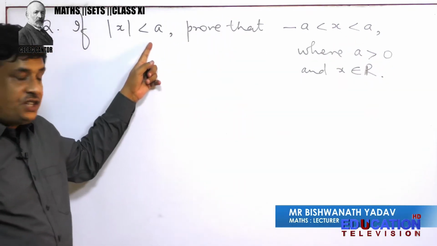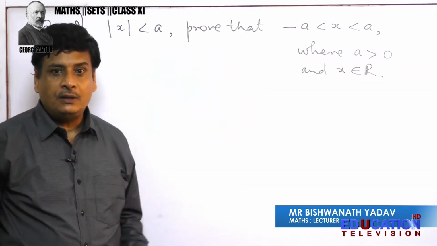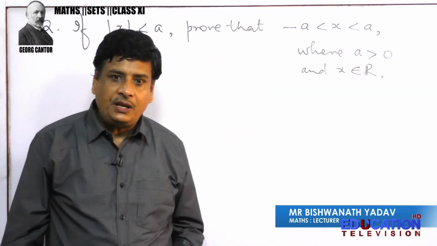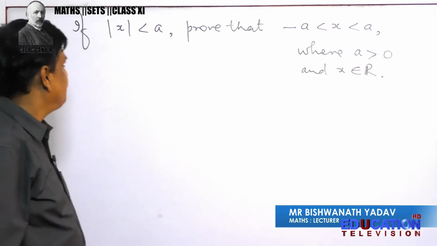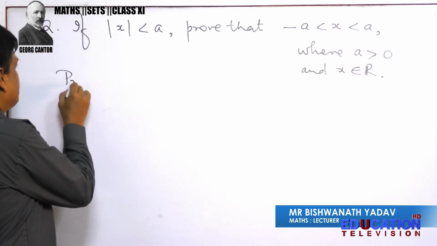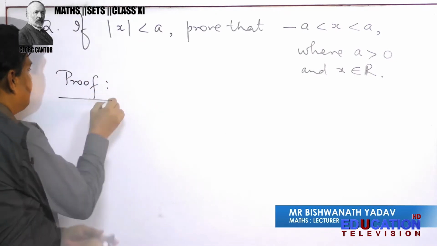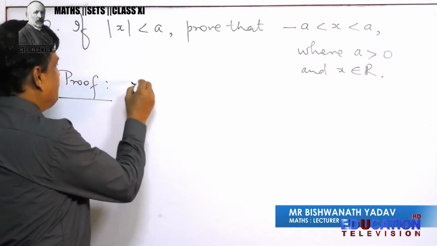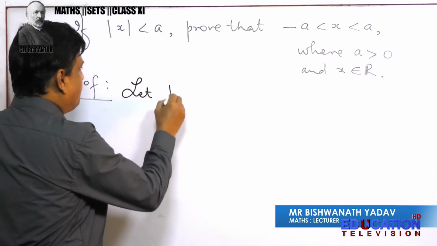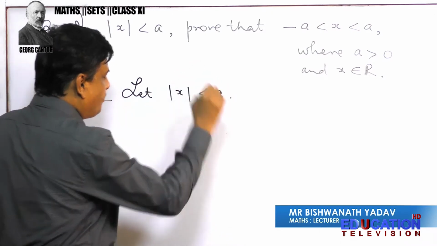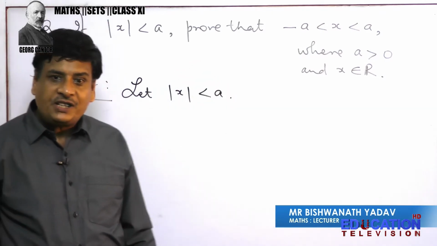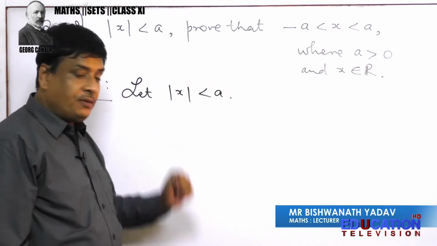If modulus x is less than a, then prove that x is greater than minus a and less than plus a. Let modulus x be less than a.